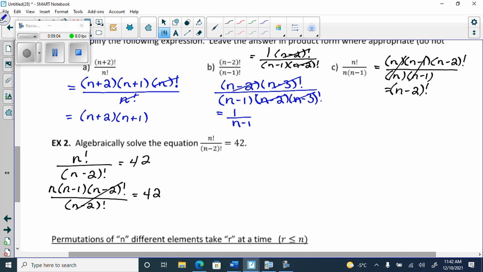So what are we going to do over here? Distribute, yeah. N squared minus n equals 42. Now we're just in grade 11. What do we do in grade 11 if we have this? Get it to one side equal to 0.